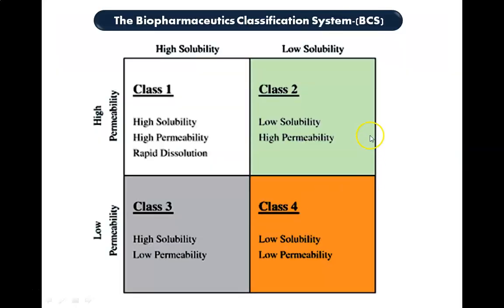This is not given in your syllabus, the biopharmaceutics classification system, but I found it is very important for you. So just briefly, the entire drugs are classified into 4 classes: class 1, class 2, class 3 and class 4. On the y-axis there is permeability, and on the x-axis there is solubility.